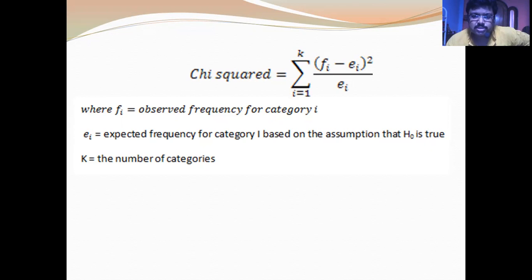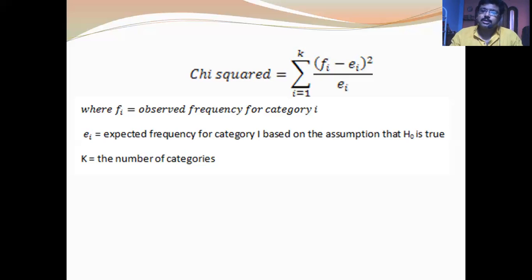So 98, 48 and 54. In category 1, the observed data is 98. In category 2, observed data is 48, and in category 3, observed data is 54. Okay, the total is 200, and the estimated frequencies are 100, 60 and 40.